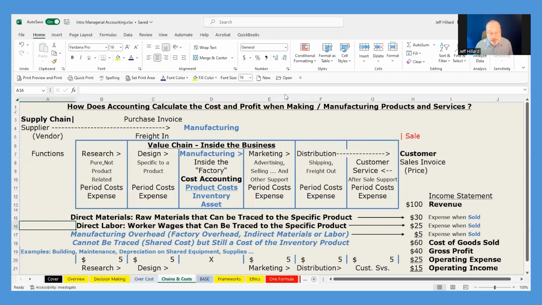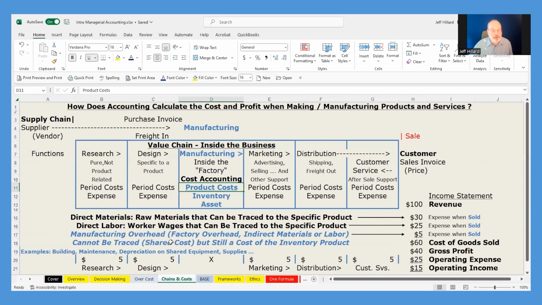Okay, so this is something that's very different. Workers' wages are now going to be inventory and then expensed only when sold. And then we have manufacturing overhead. These are costs inside the factory that cannot be directly traced.